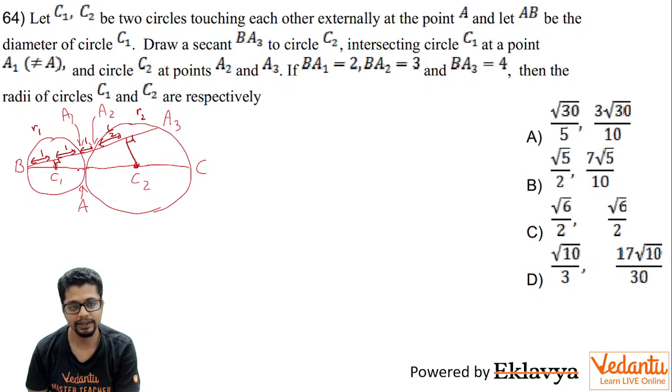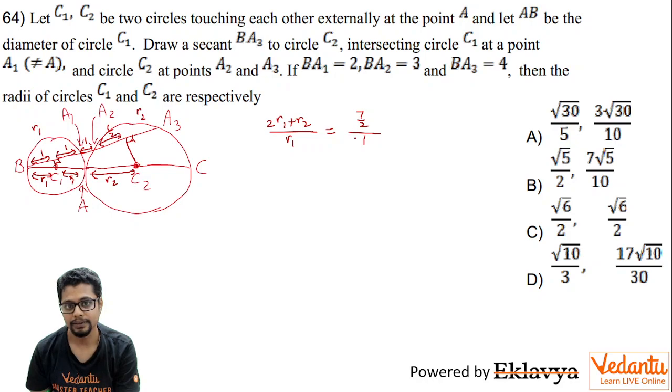So using similarity, this is R1, and this will be R2. Using these two similar triangles, the ratio of sides would be in the same ratio. So you may say (2R1 plus R2) by R1 is equal to 3 plus half, 7 by 2, by 1.